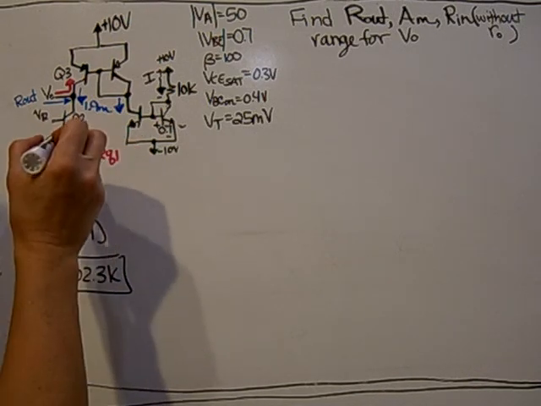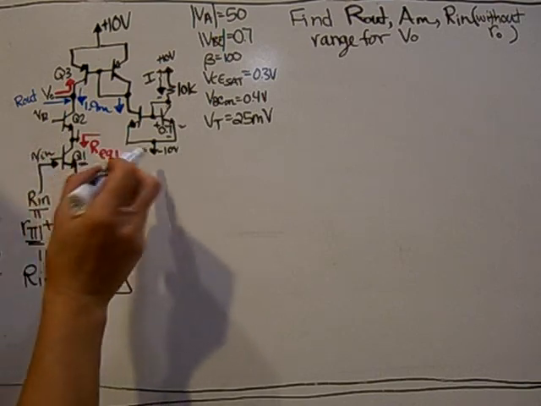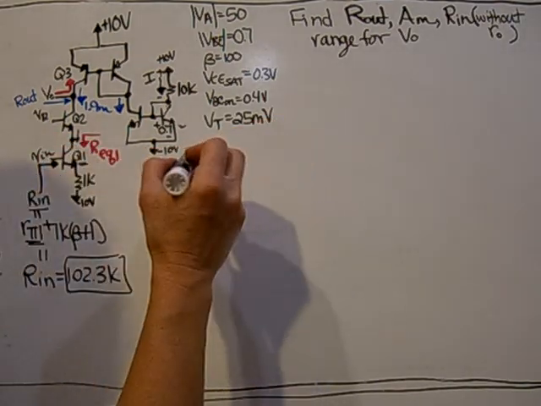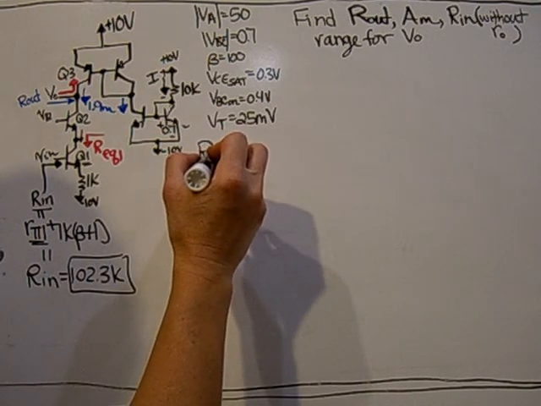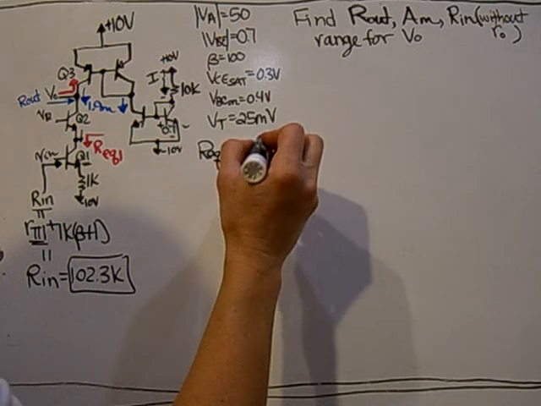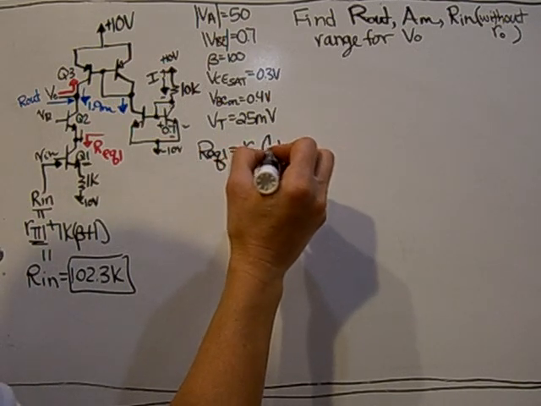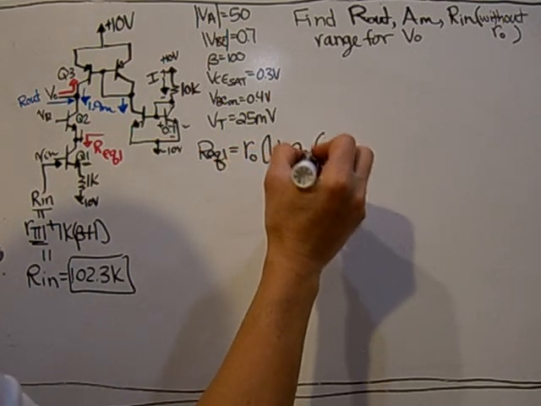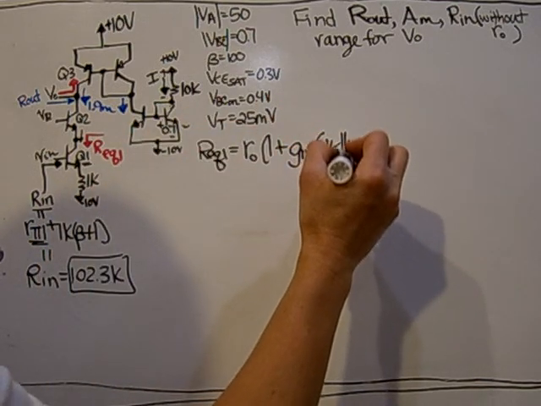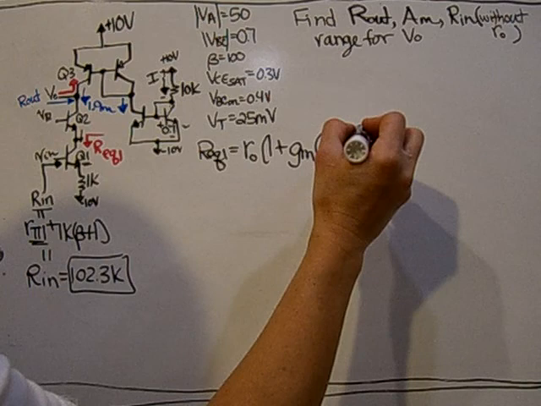To find R equivalent 1, you can put on a test source on here, which we've already done in the past, and the equivalent resistance for this particular configuration was RO times 1 plus gm times this resistance, which is 1K in parallel with R pi.